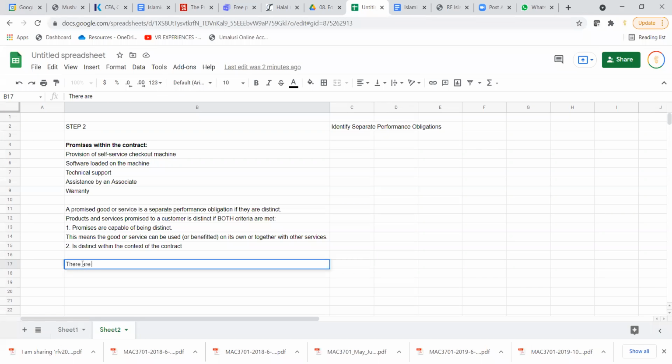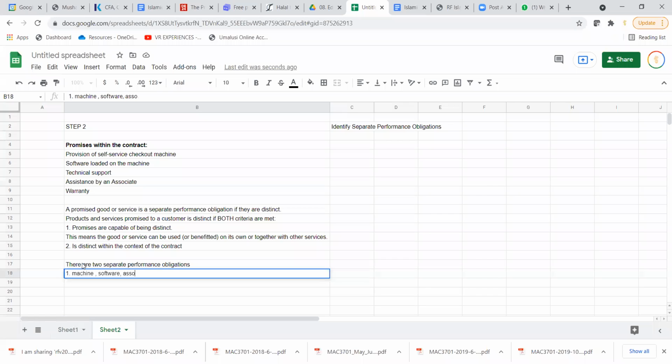There are two separate performance obligations. And what are the two separate performance obligations? It is the machine and software, and what's the other one?